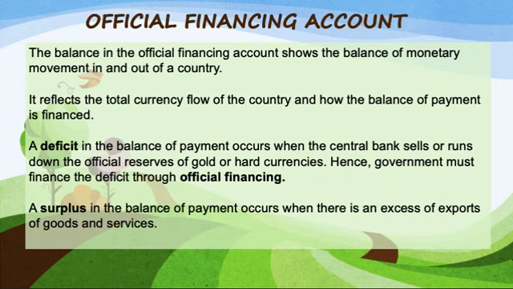Okay, antara contoh lain, borrow daripada World Bank ataupun IMF, International Monetary Fund, borrow from other countries' central bank, contohnya central bank Malaysia pinjam daripada Federal Reserve. Draw from official reserve of foreign exchange ataupun sell locally or overseas an asset. So tu antara cara-cara government nak finance deficit dalam balance of payment.